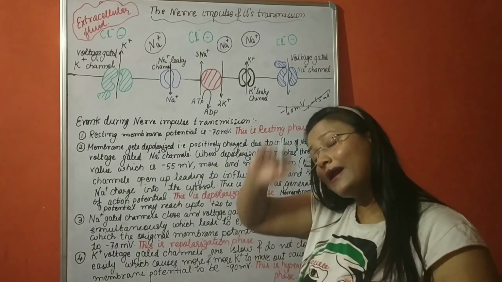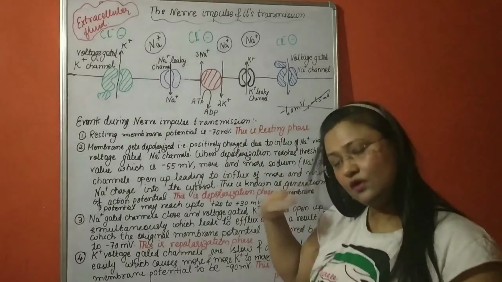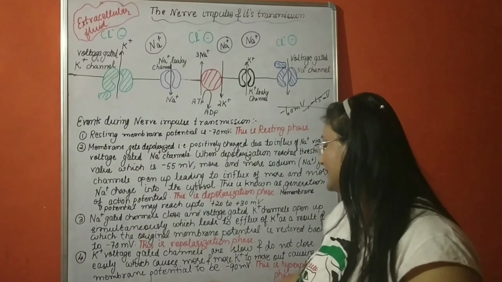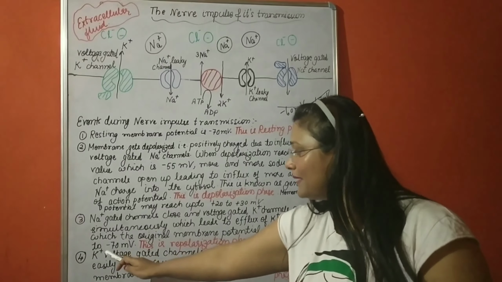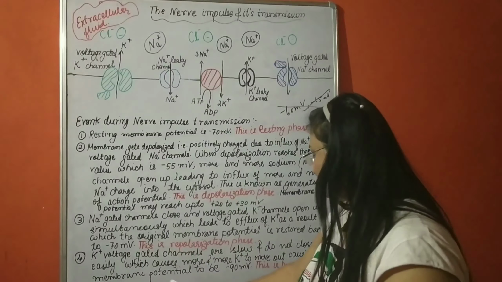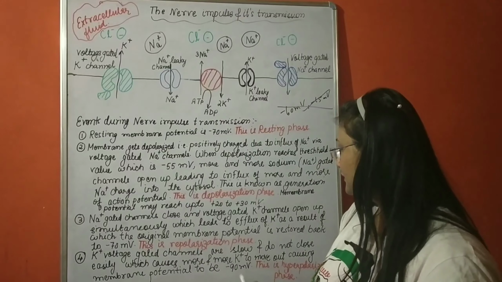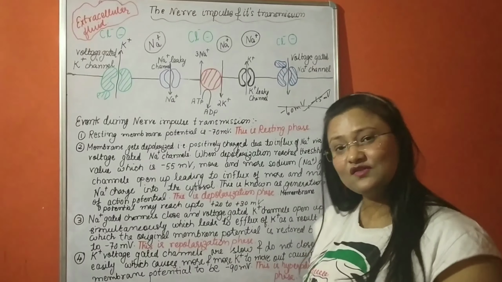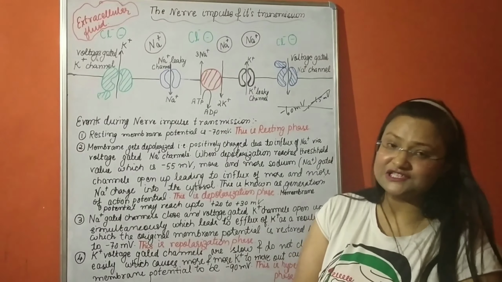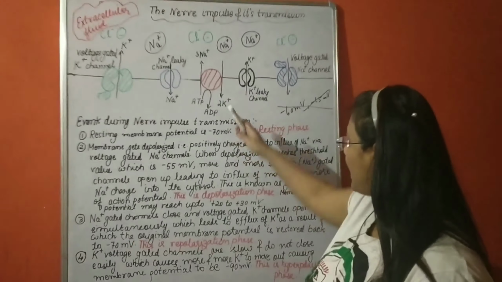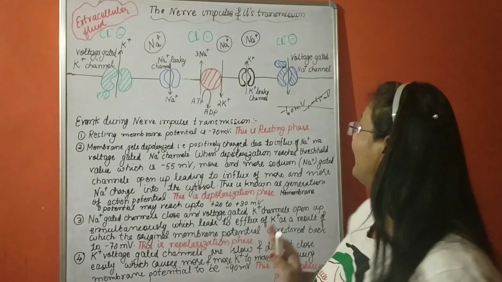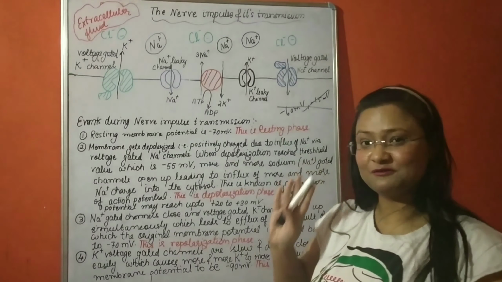That's why more and more K plus will go outside. It will keep on going outside. As a result, the membrane potential doesn't stop at minus 70 millivolts. It finally reaches minus 90 millivolts. And this phase is known as hyperpolarization phase. So that's how all these phases occur during a nerve impulse transmission.